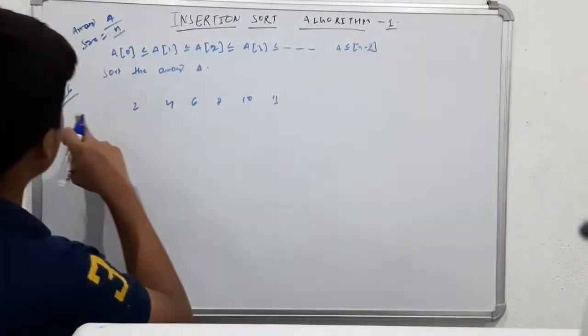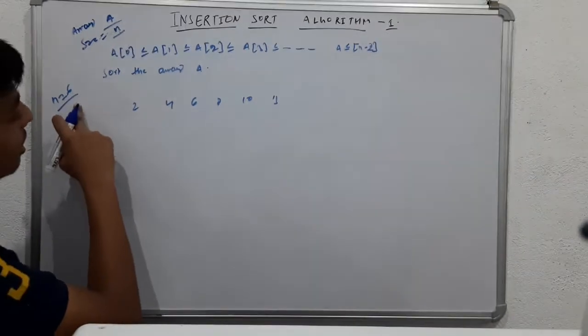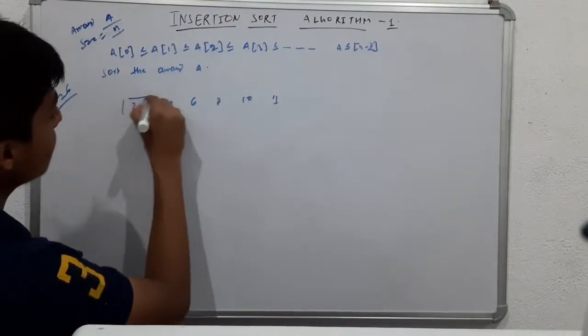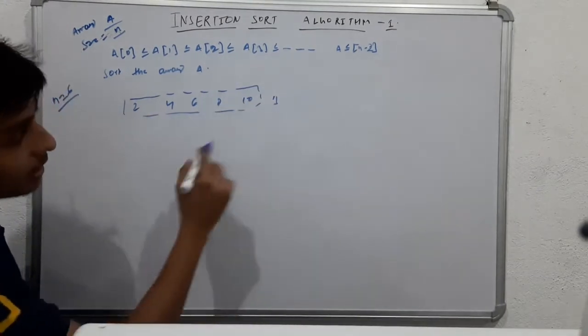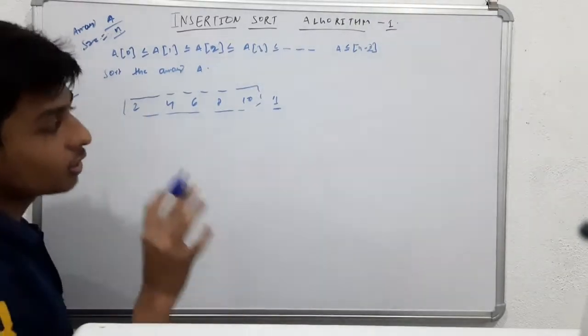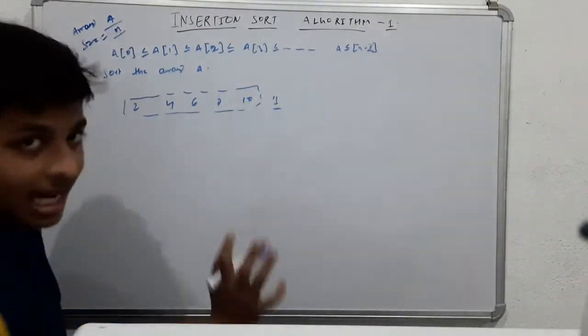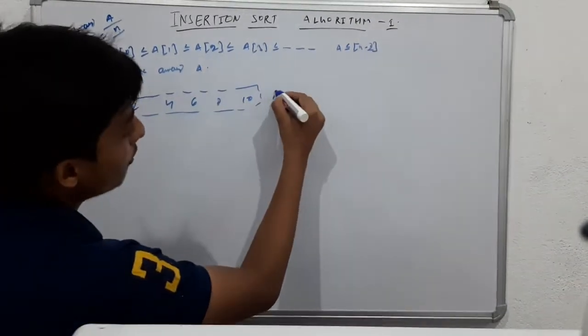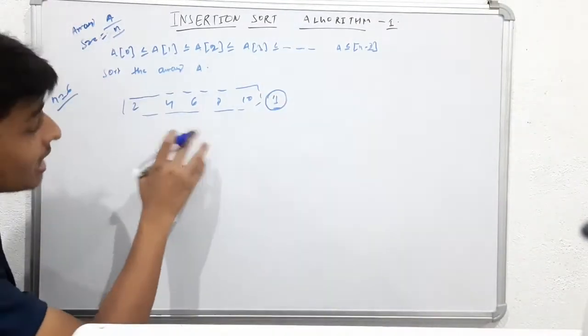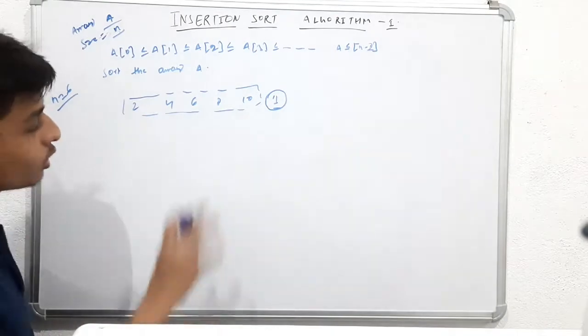For n equals 6, starting from 0, the first 5 elements are sorted, but due to the last element the whole array has become unsorted. So your task is to put the last element at the appropriate place inside this array, such that the array becomes sorted. So this is the problem.